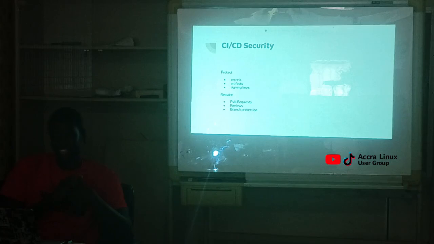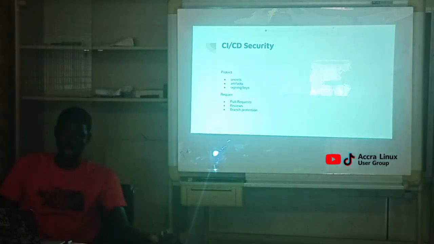And then the other thing is require pull requests. If you've used GitHub, you know this one. A pull request is when someone has a code base and you want to work on it, so you fork the code base, which means you make a clone of it, you work on it, and then you ask them to put it back into the mainstream. That action is what we call a pull request.